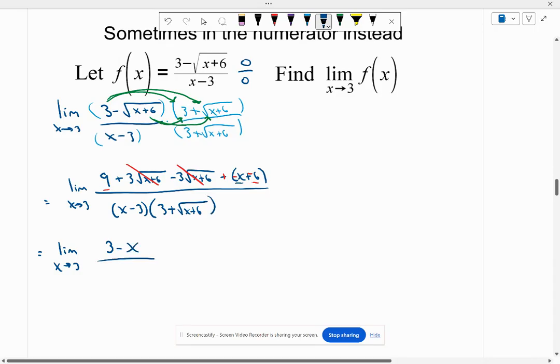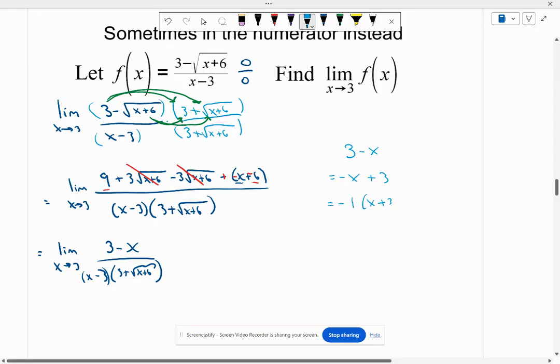On the bottom I have x minus 3 and 3 plus the square root of x plus 6. Now 3 minus x and x minus 3 don't cancel out quite, well, you'll see what's going to happen. On the side here, this is something that comes up in algebra, and it's a good thing to be aware of. 3 minus x is equivalent to negative x plus 3, which is equivalent to negative 1 times (x minus 3).